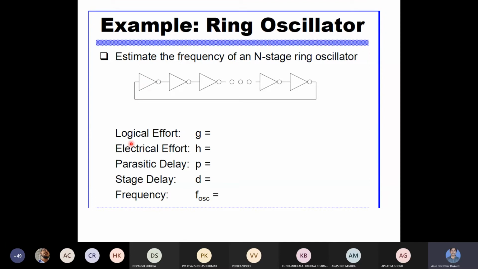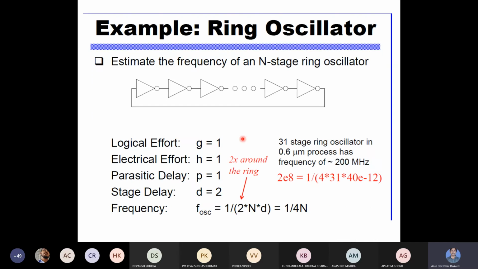With the help of this, calculate the logical effort G, the electrical effort, the parasitic delay, the stage delay D, and the frequency. By this knowledge we have to calculate this. For one stage we know the logical effort is 1, electrical effort 1, and parasitic delay 1. So for the stage delay, what is the formula?